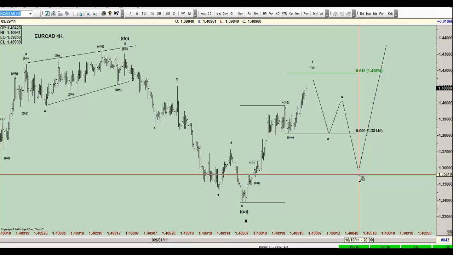So keep that in mind, because that's telling you that after those 3 waves back right there on the EuroCAD, we're gonna see a recovery in the euro, when the euro is gonna be stronger than the CAD. Very interesting. That has nothing to do with risk aversion.